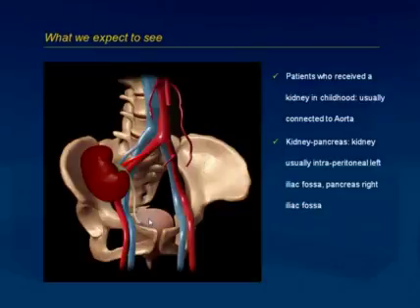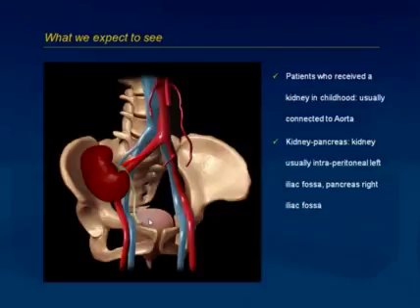Kidney pancreas transplants are slightly different in their anatomy, in that the kidney graft is usually in the left iliac fossa, and it's not retroperitoneal as in the isolated kidney transplants, but intraperitoneal. However, we can't visualize that on ultrasound, as the peritoneal folds are usually not visible on ultrasound.